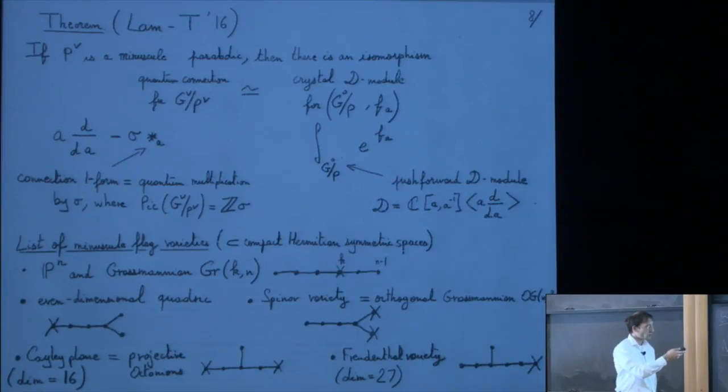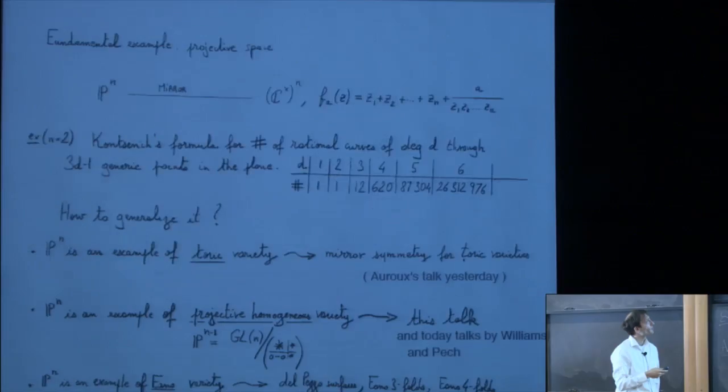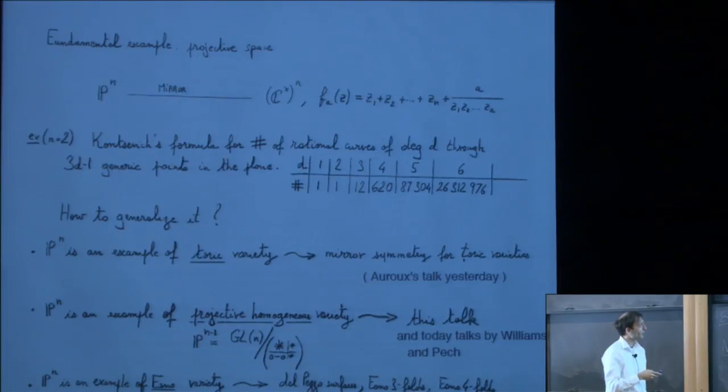Right, and so that's the context where we prove this. To put it in context, projective space is the base example. For P2, there is this famous result of Kontsevich that you probably know, counting curves of degree d through 3d minus 1 points. And since the 90s, we want to generalize it. There are lots of works, including Denis Auroux's talk on Monday on the toric case.